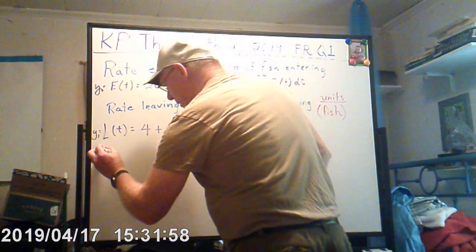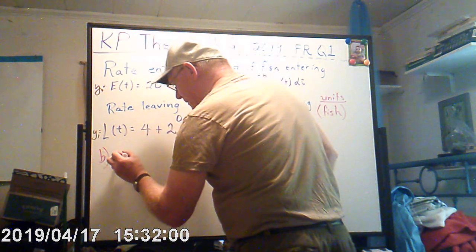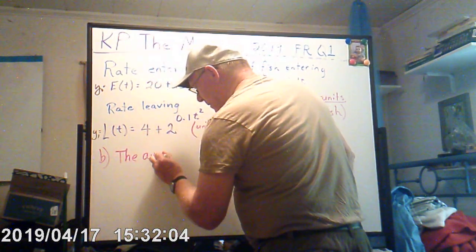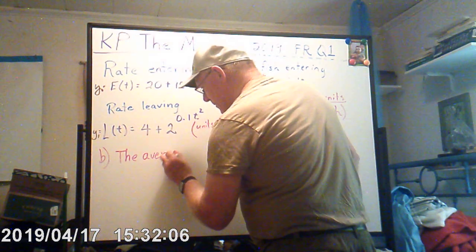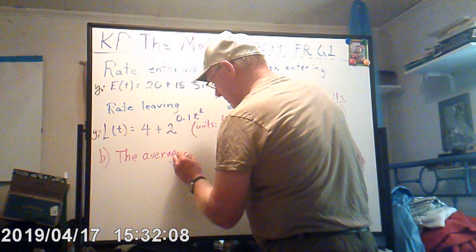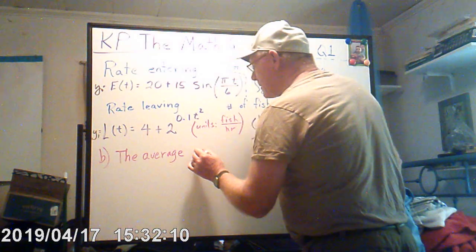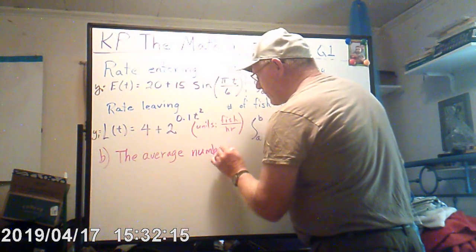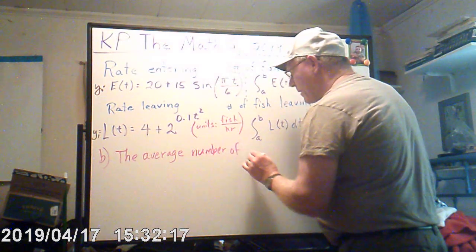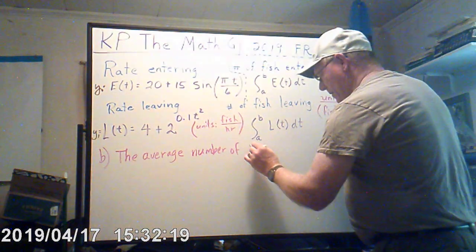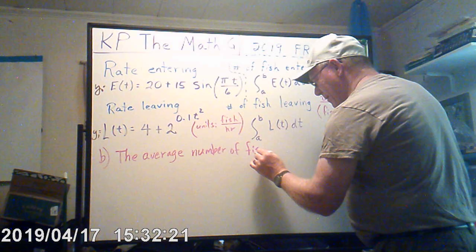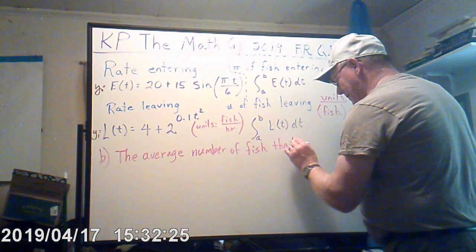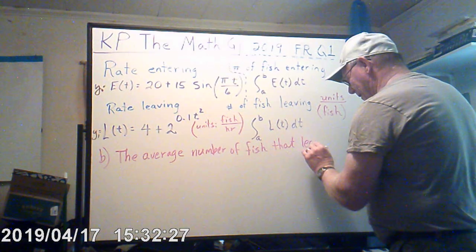So part B is find the average number of fish that leave the lake. It's getting crowded up here, isn't it?